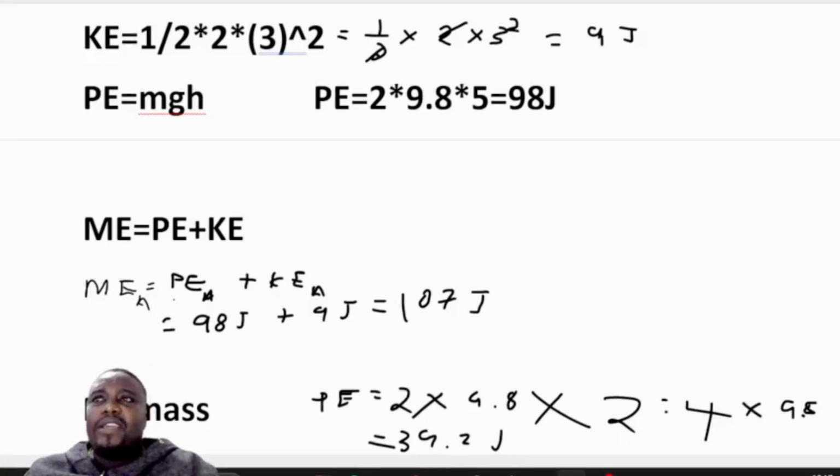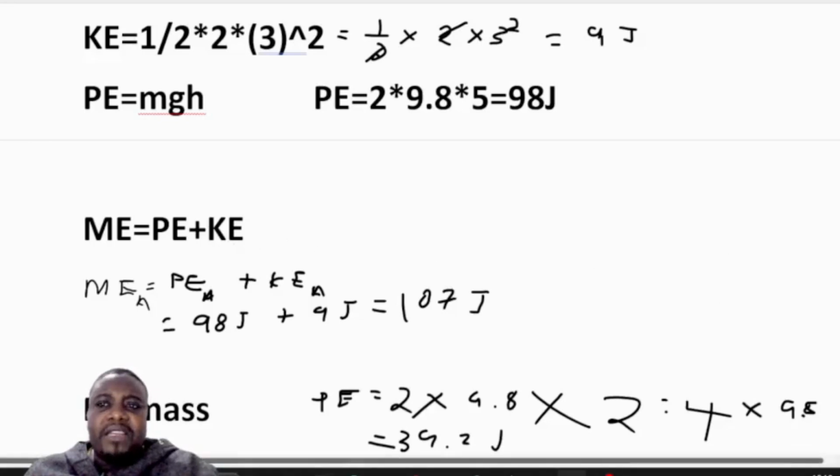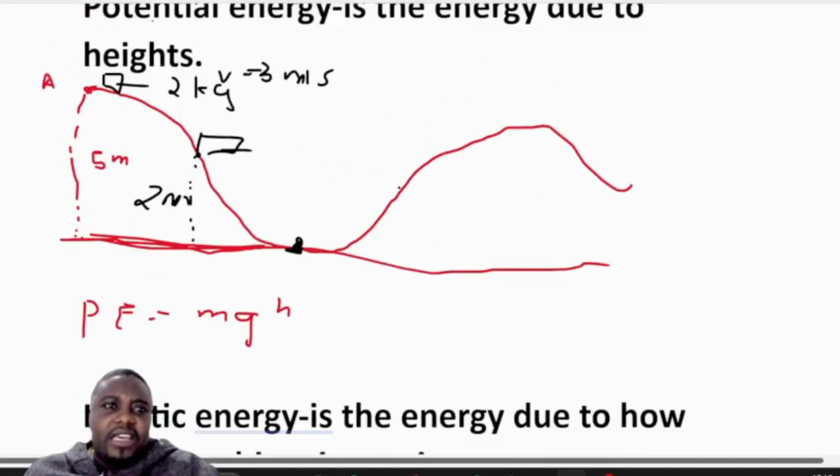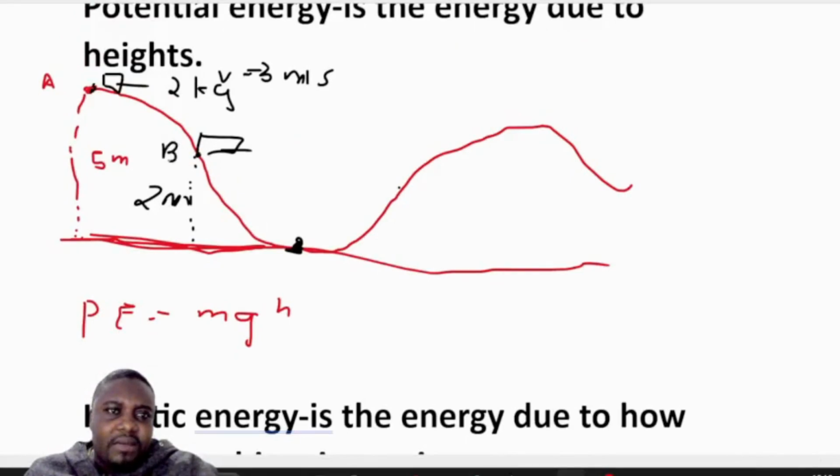Now you can be asking me, what is the conservation of energy? What do we mean when we talk about conservation of mechanical energy? We mean that the mechanical energy at point A, let's assume this is point B here, is equal to the mechanical energy at point B, and it's still equal at each and every point here.